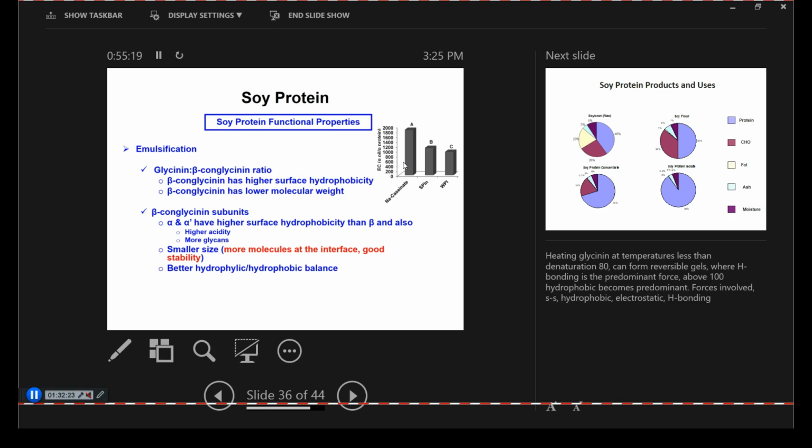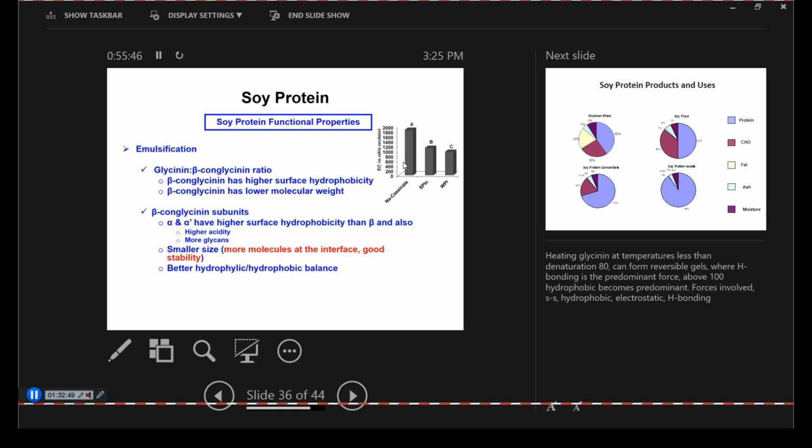Because beta-conglycinin has higher surface hydrophobicity and a better balance between surface hydrophobicity and hydrophilicity than glycinin, and it has a lower molecular weight. So with lower molecular weight, even as a trimer, it can get to the surface, the interface, faster than a larger molecular weight.